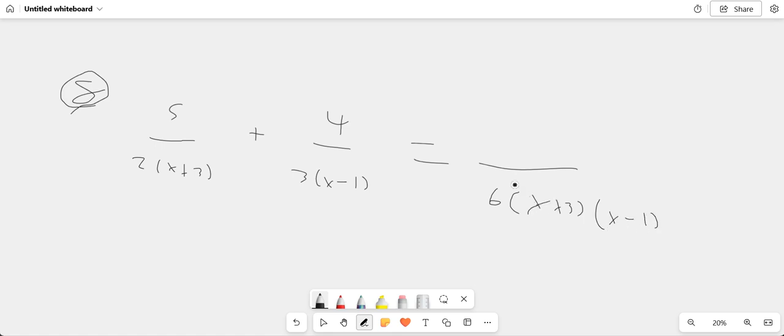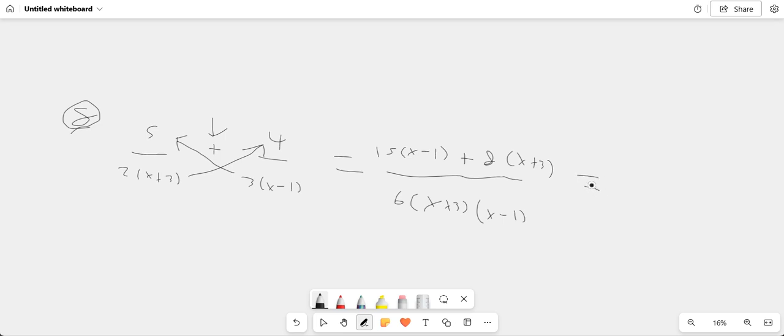And now what you want to do is 3x minus 1 times 5, yeah? So you cross multiply again, so times that up there, that's going to become 15 times x minus 1, yeah, plus, because plus is in the middle, and then times this up here, so 4 times 2 is 8, so that's 8 times x plus 3, yeah?